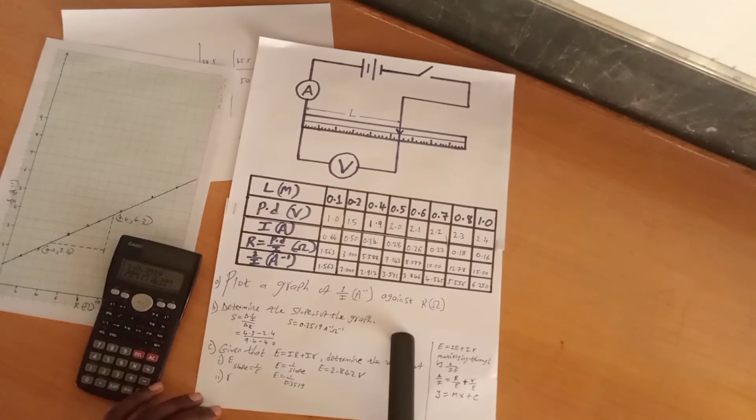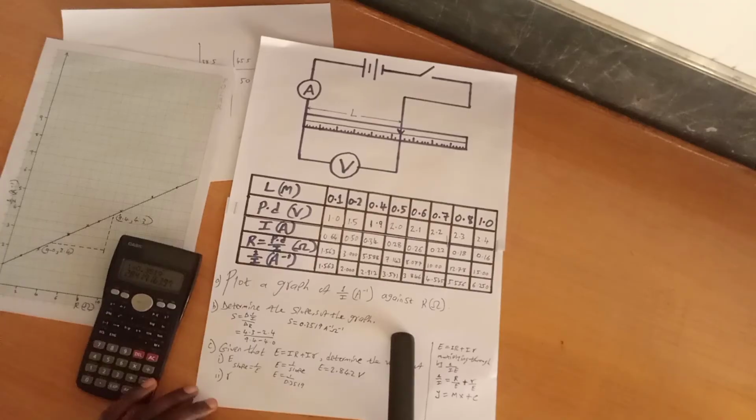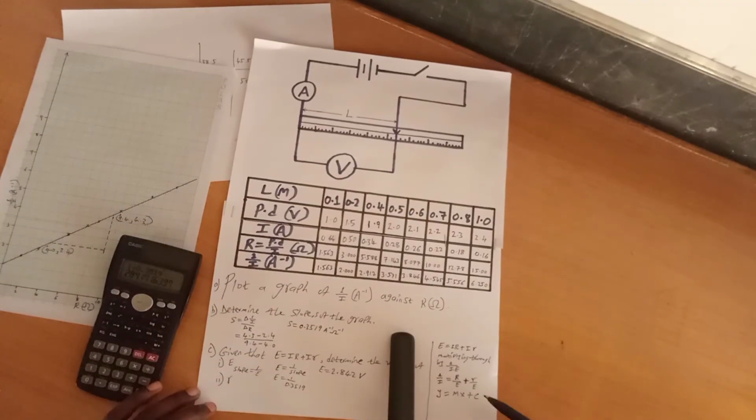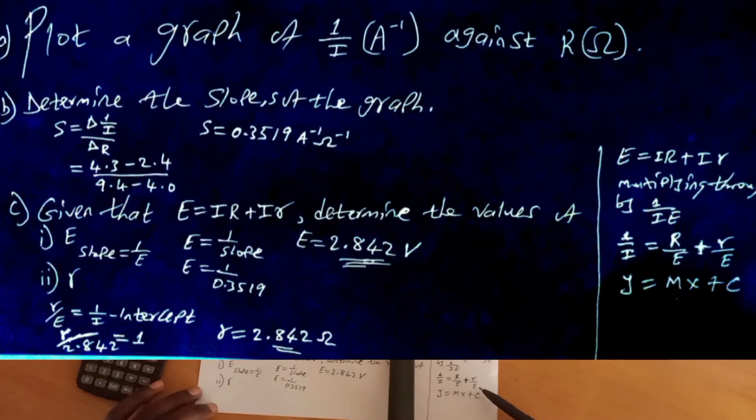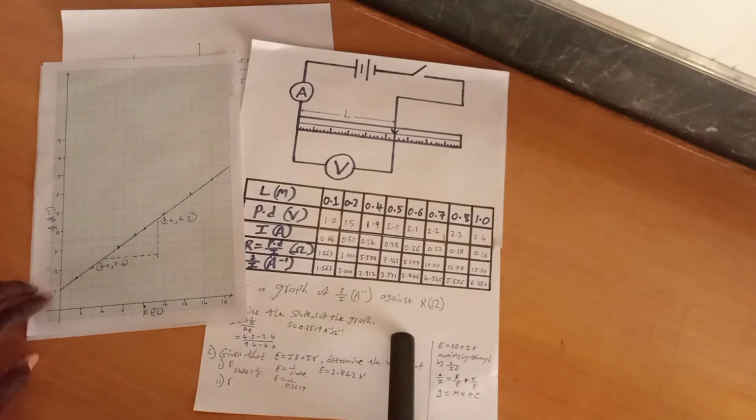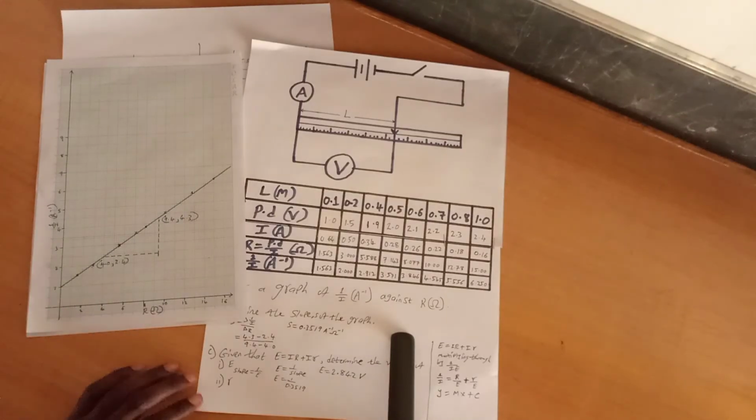Then we have the internal resistance. Looking at the interpretation here, r over E is the intercept, the reciprocal of current intercept, because c represents the y-intercept, which in our case is 1 over I intercept. So r over E is equal to 1 over current intercept.